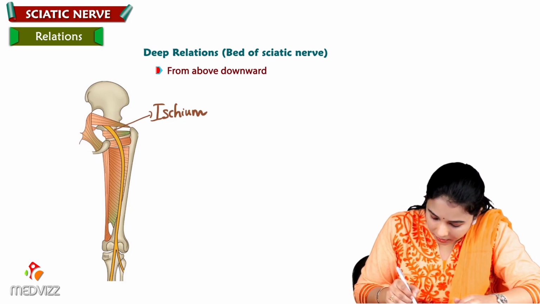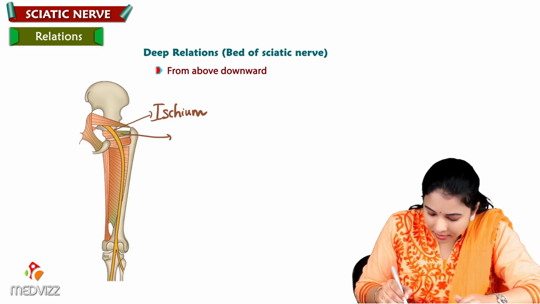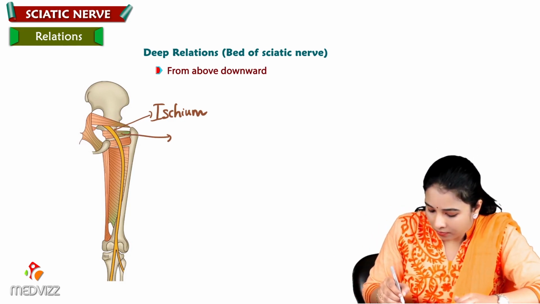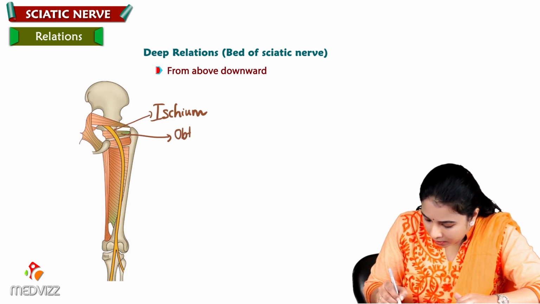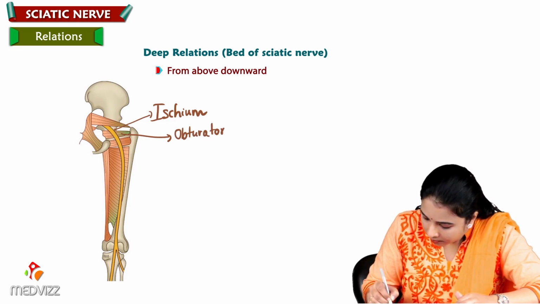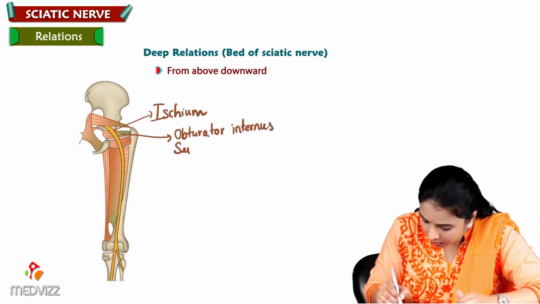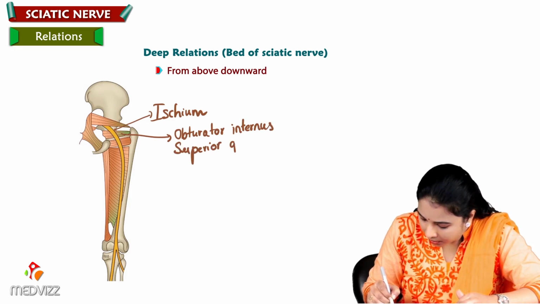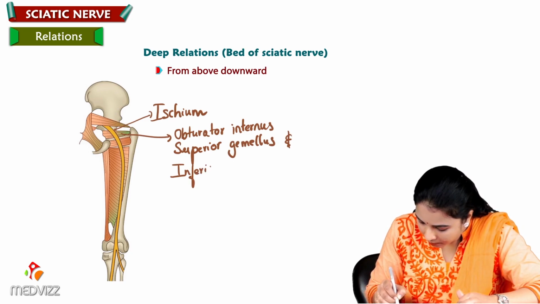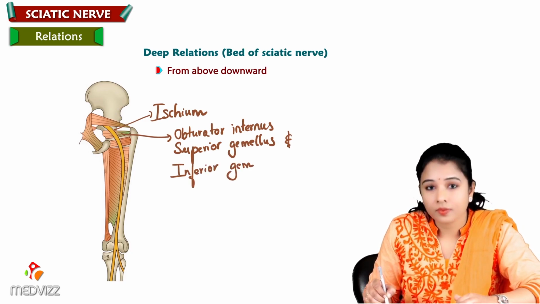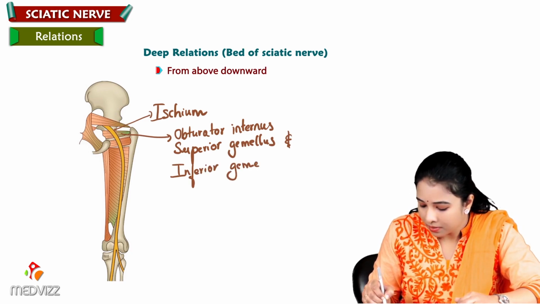So these three together are called the tricipital tendon, formed by obturator internus, superior gemellus, and inferior gemellus.